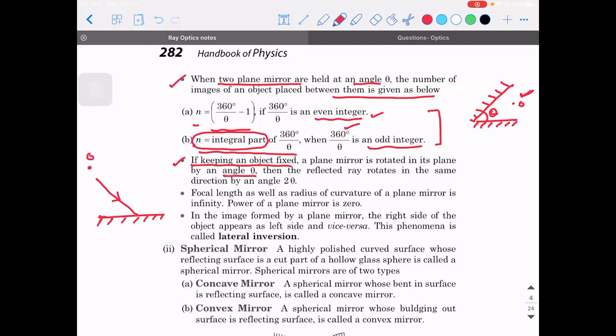Keeping the object fixed, if the plane mirror is rotated in its plane by an angle theta, then the reflected ray rotates in the same direction by an angle of 2 theta. Have this in your mind. So the deviation in the reflected ray is going to be 2 theta, provided the plane mirror is rotated by an angle theta. Make a note of this point.